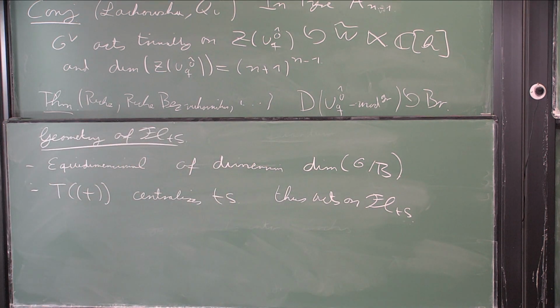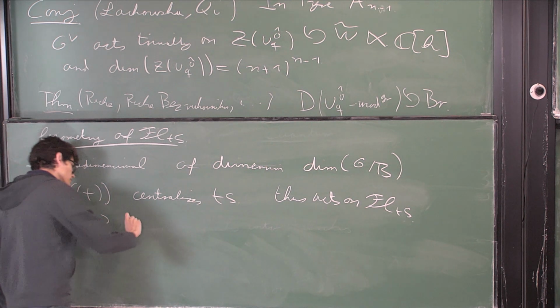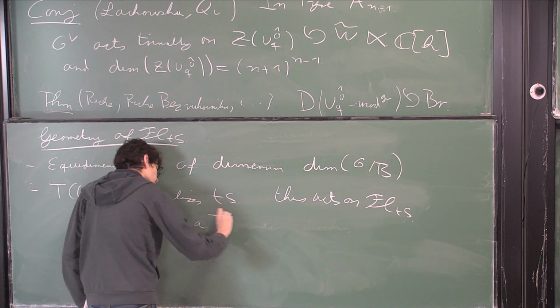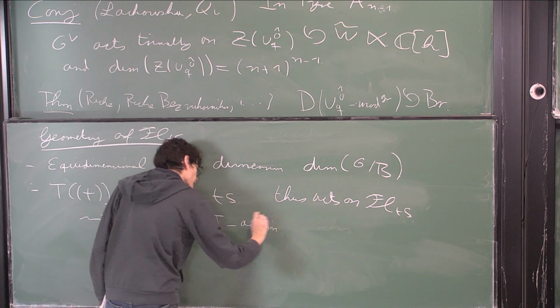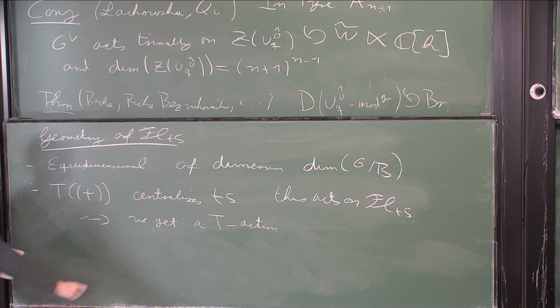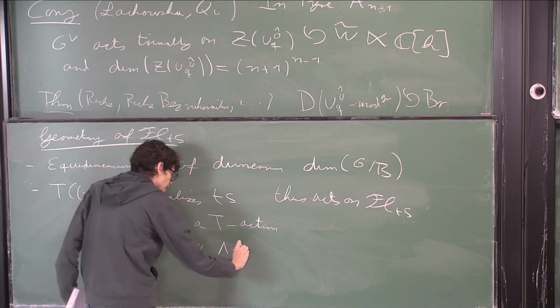It acts on FL by left multiplication, and because it centralizes Ts, it fixes this FLTS. And out of this, we get two actions. So we get first a T action, if we just consider the constant part of this group, the part where the coefficients are all constant. And then we also get a lattice action.